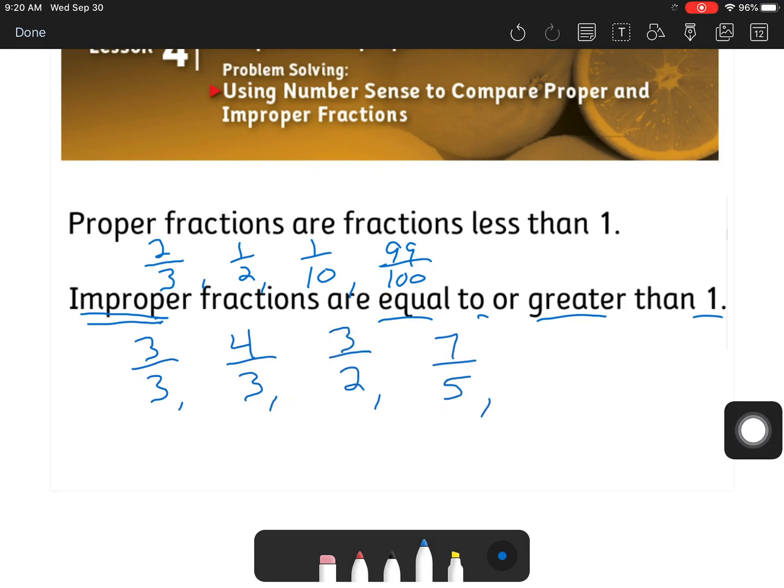You could list anything you want as long as the top number is bigger than the bottom number. Top number equal to the bottom or bigger. For proper fractions, the top number is always smaller than the bottom number.